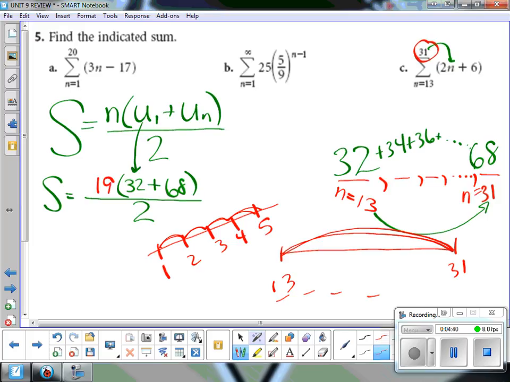And when you plug all this into the formula, it turns out to be 950. Okay? 950. So that's 5C, and that's what happens when the bottom number is not 1. Be a little more careful in what you put in.